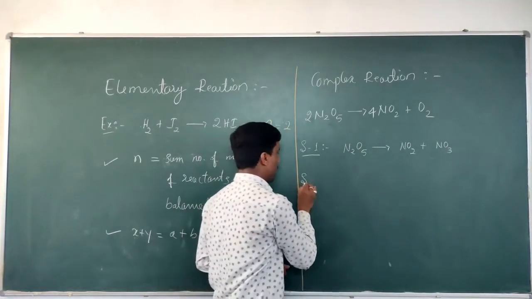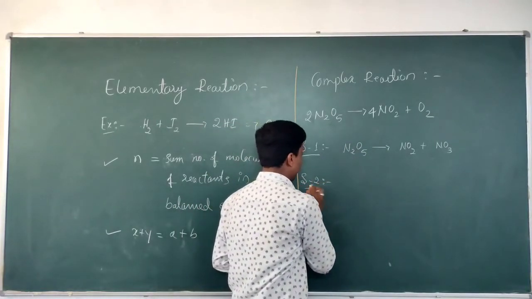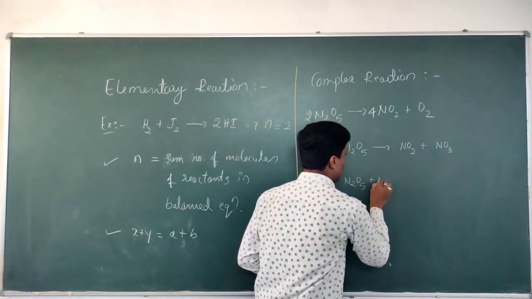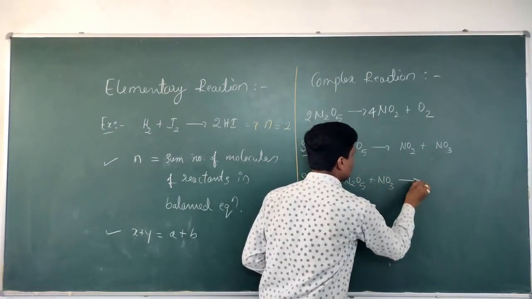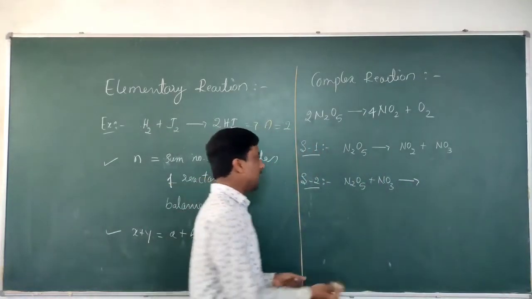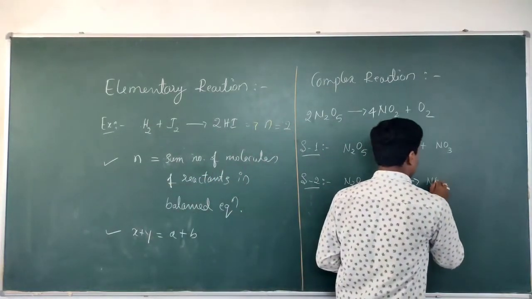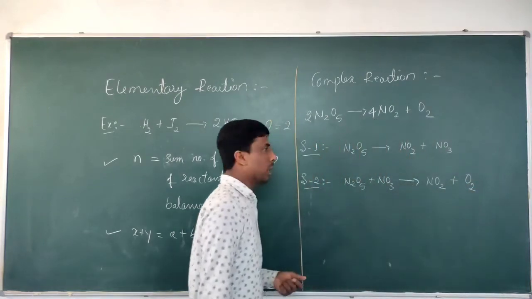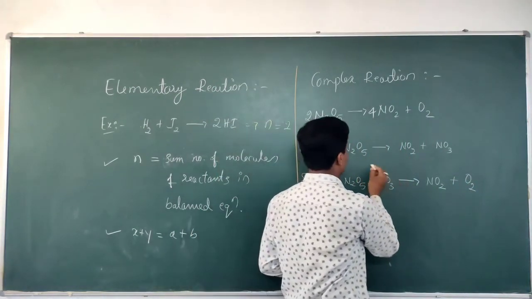In the second step what happens? The N2O5 reacts with NO3, not NO2. Again it will give NO2 plus O2. The first step, I think, is already balanced: 2N, 2N, 5O.